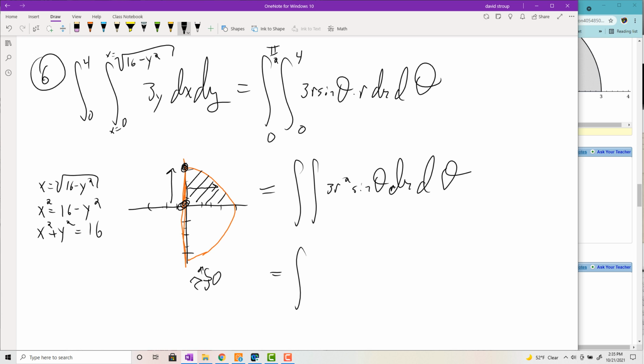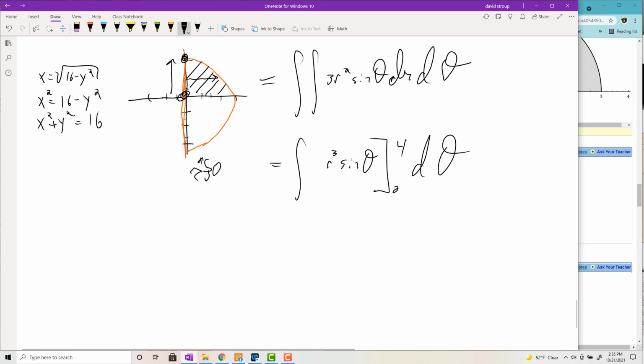Then integrate with respect to r, so you get 3r cubed over 3, so the 3's will cancel. I just have r cubed sine of theta from 0 to 4 d theta. And so I'll have 64 sine theta minus 0, which is just 64 sine theta d theta.